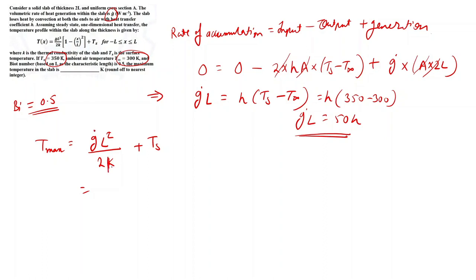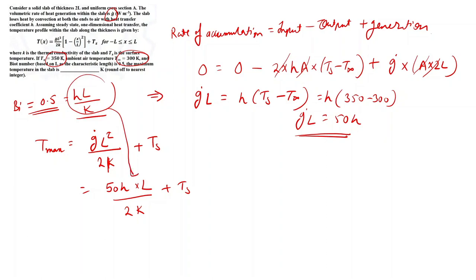Since the Biot number we have been provided as 0.5, and we have been asked to find this characteristic length, this length is the characteristic length, so this will become hL upon K. Now I will be replacing this G dot L in this equation, so it will become 50h into L upon 2K plus Ts. And now we'll be using hL upon K, which we have been given as 0.5.